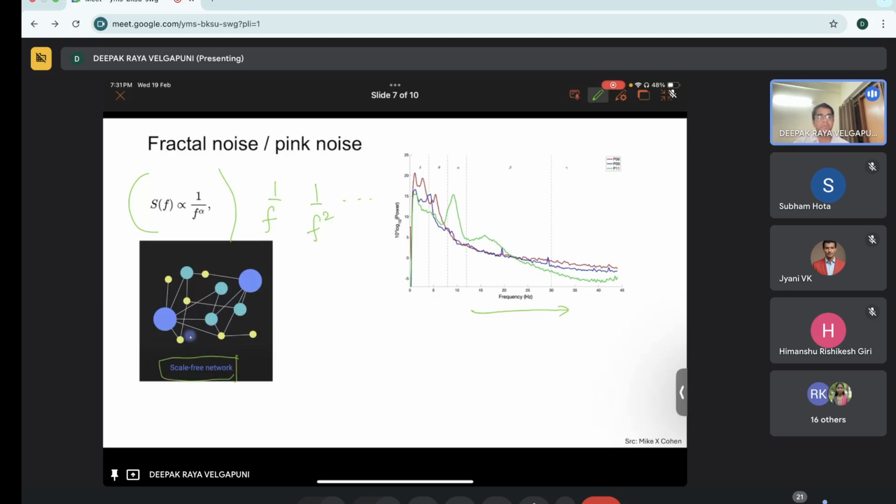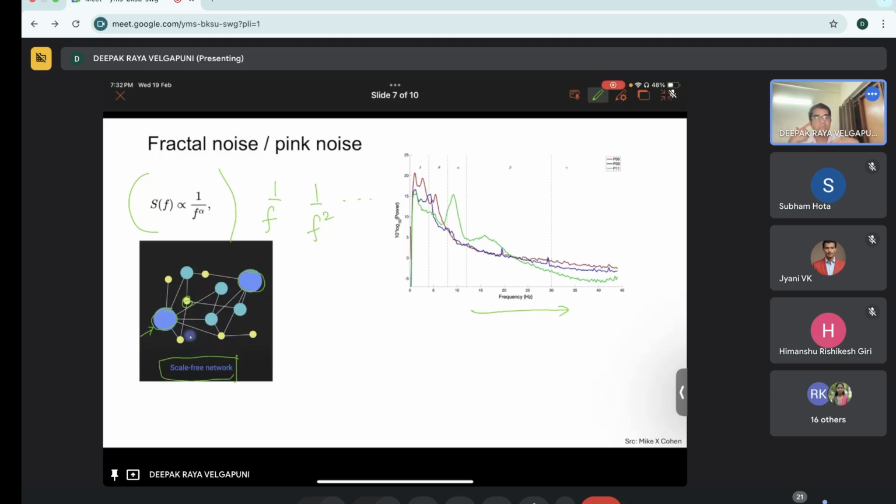In general, if you take this kind of network structure with nodes, the large nodes are very few, but small nodes are many. So the number of small nodes is high, but the number of larger nodes is less. Similarly, in your brain, let's say your brain has a set of oscillators with different bands.